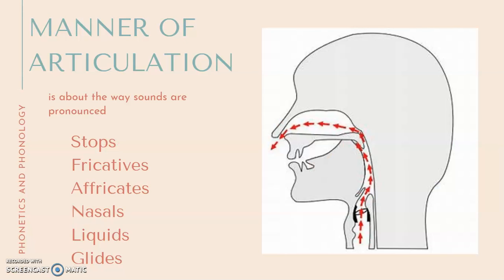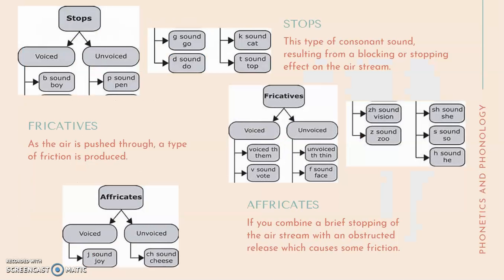Now, manner of articulation is about the way sounds are produced. We have types like stops, fricatives, affricates, nasals, liquids, and glides. Again, we are going to explain each one. First, stops.